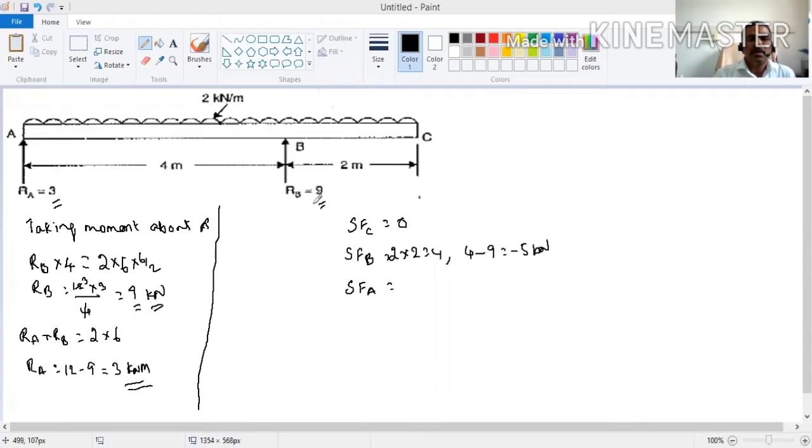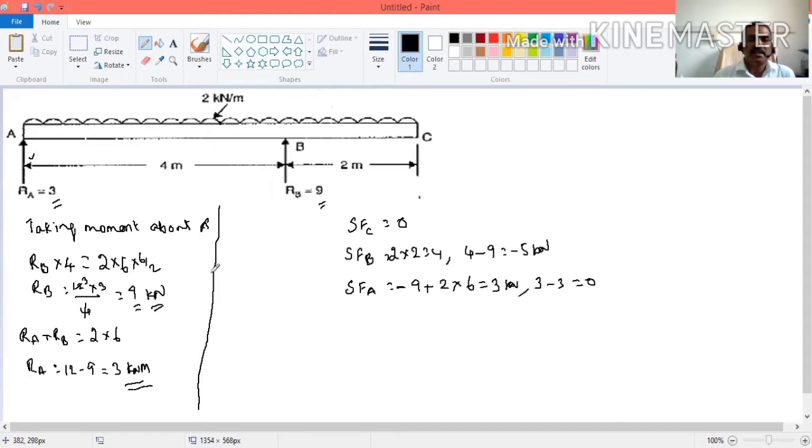The reaction is upward, so minus 9, plus 2 into 6, without considering the point load, which is 12. So it is 3 kilonewton without considering this point load. If you consider this point load, it will be 3 minus 3, which is equal to 0.